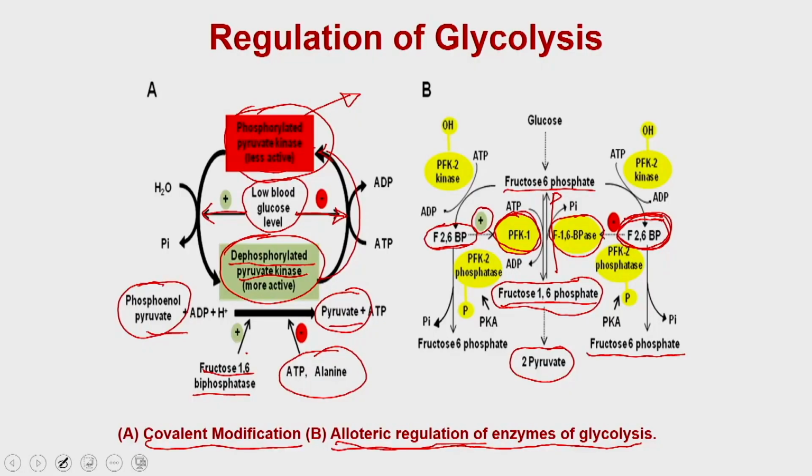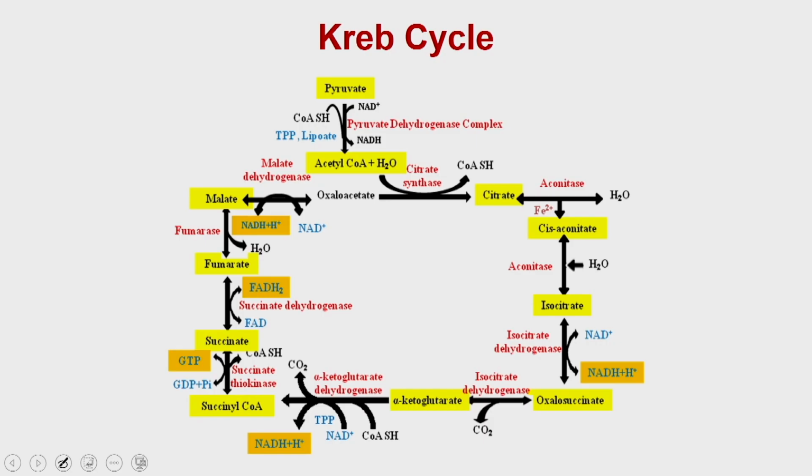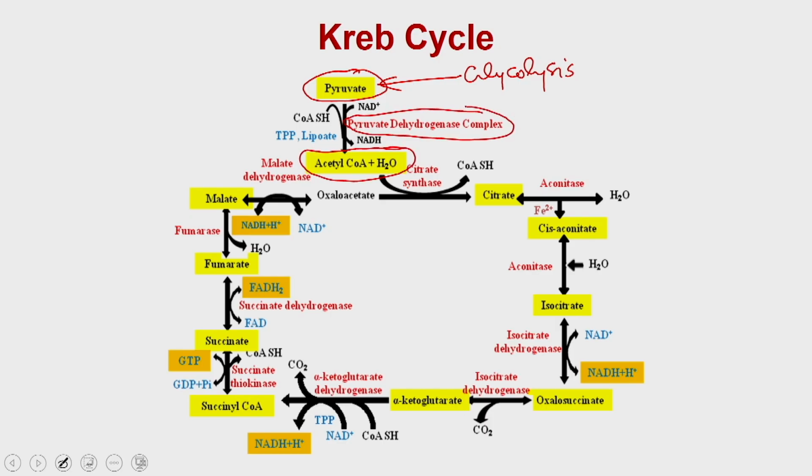So, let us see what reactions are happening inside the Krebs cycle. As we discussed, the pyruvate generated from glycolysis is converted into acetyl CoA. The enzyme is the pyruvate dehydrogenase complex, and once this acetyl CoA is generated, it is used to catalyze the first reaction of the Krebs cycle.